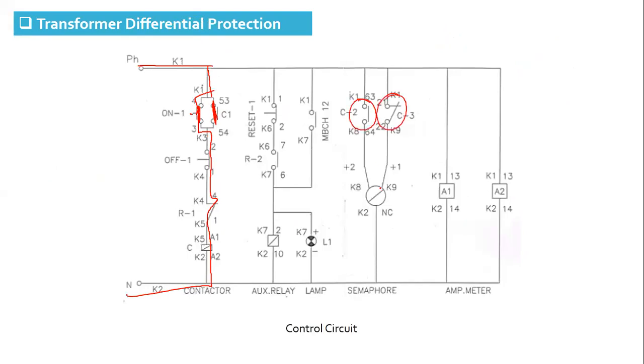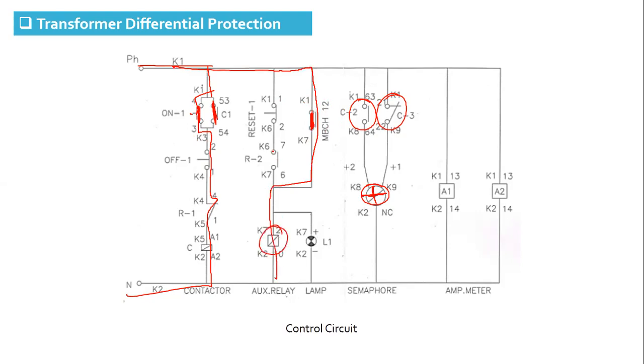The semaphore will change its position from 90 degrees to 180 degrees when the start push button is pressed. When the fault occurs, the MBCH12 relay will operate for the internal fault. Its normally open contact will be closed, and that will energize the auxiliary relay.